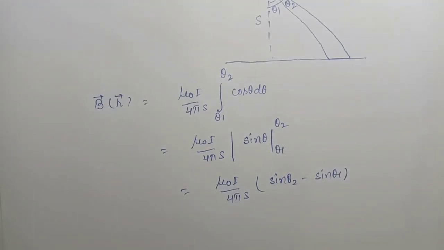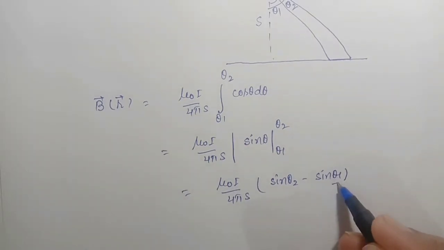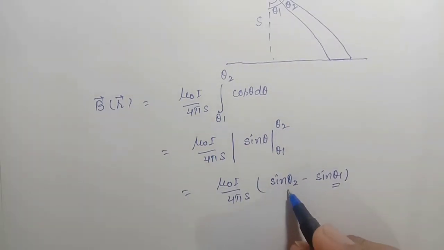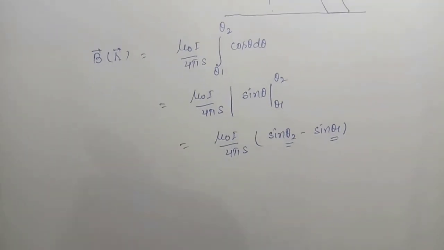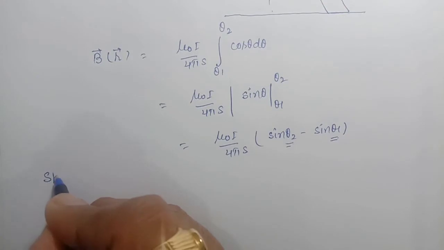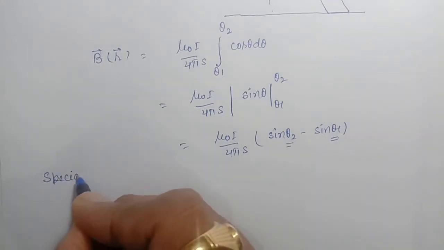So this is the magnetic field for a line segment where the initial angle is theta 1 and the final angle is theta 2. Now suppose we have one special case.